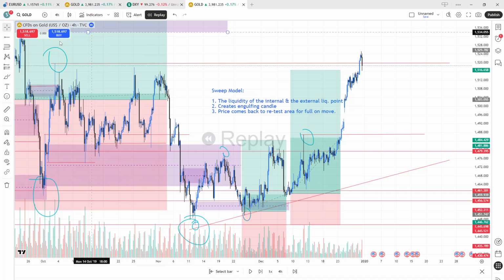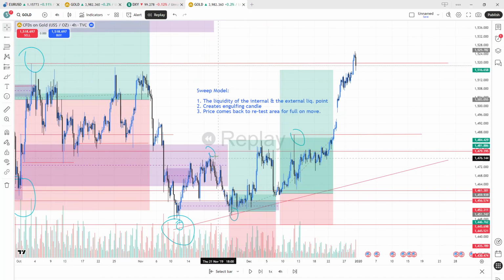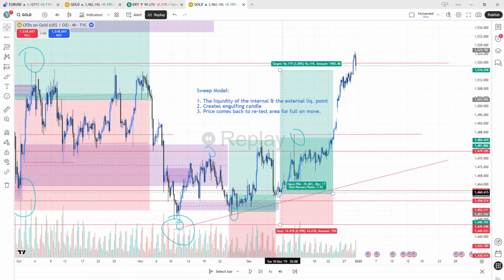Whoever starts selling here is just a dumbass, because after the break of structure, we see that full on move. But overnight, price will come back, and you're going to miss that entry.